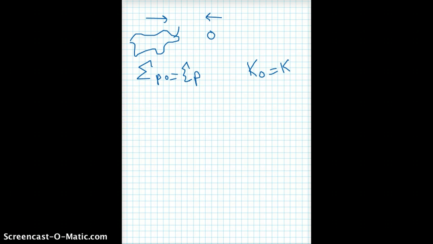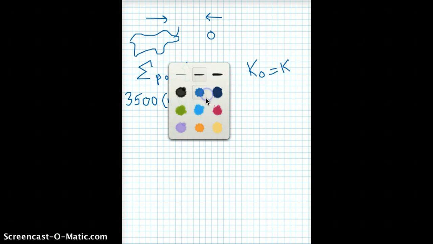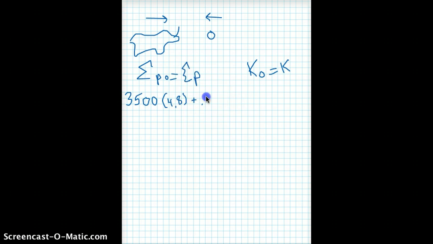So momentum is mass times velocity, so we're going to get 3,500 times 4.8 plus 0.18 times negative, to show the direction the ball is thrown, 8.35.